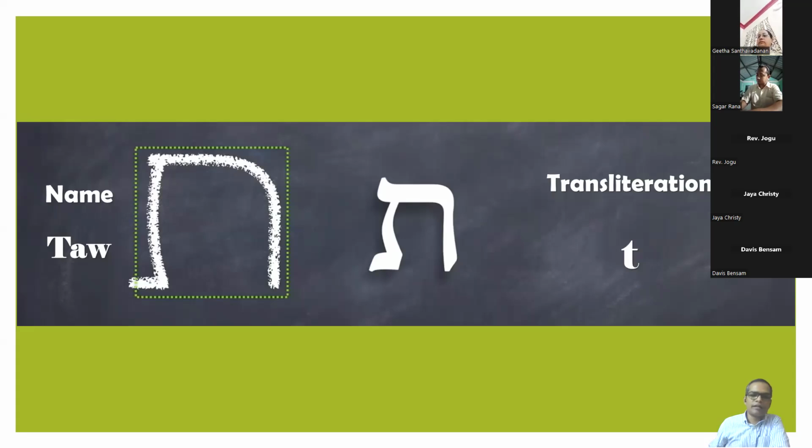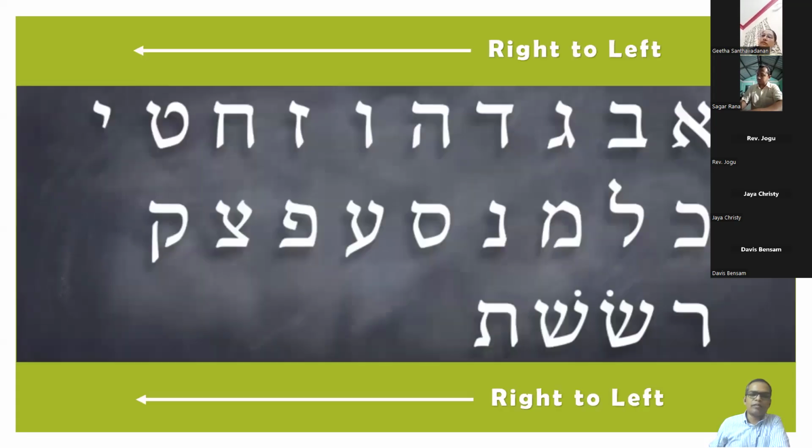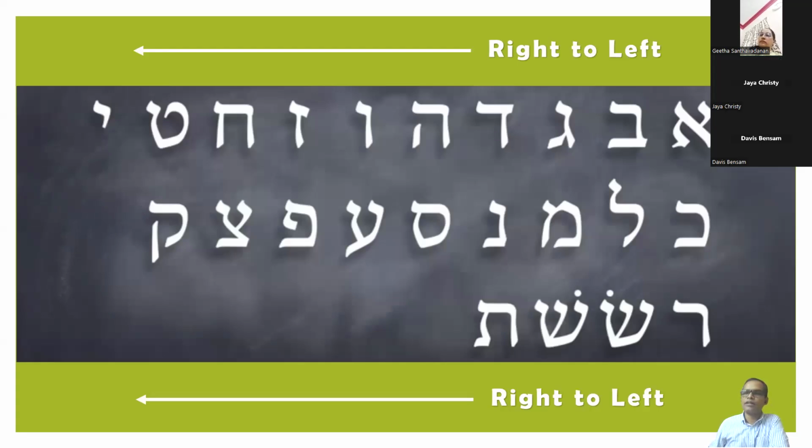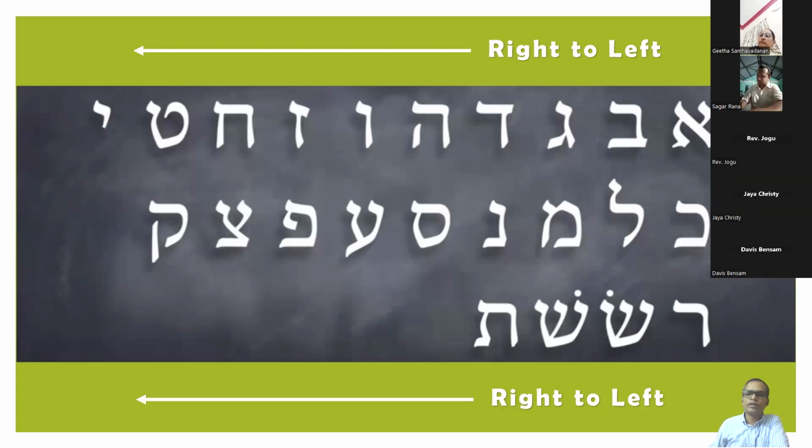All right. So now coming to some of the important things in relation to the Hebrew consonants. So we are learning only about the consonants. Only in the next week we will learn the Hebrew vowels.